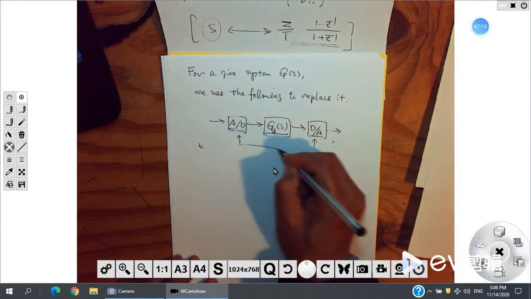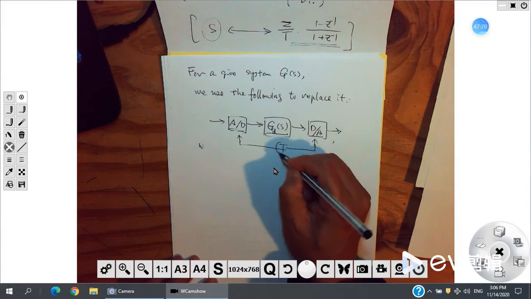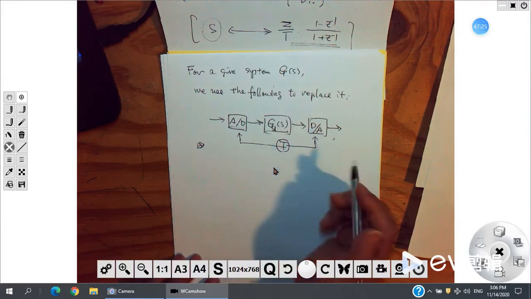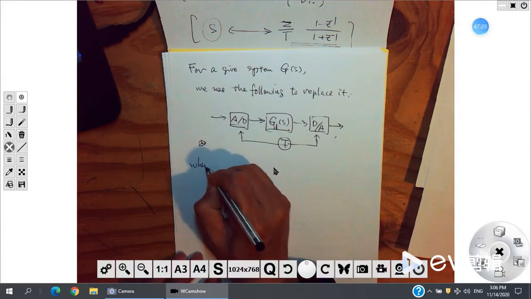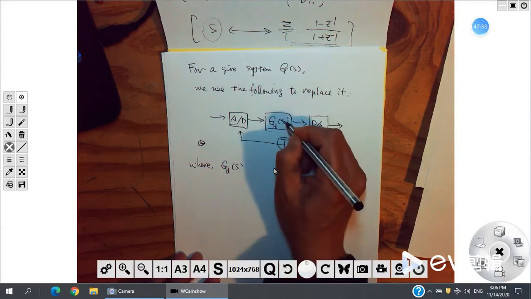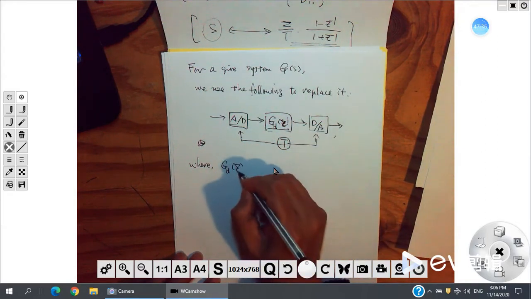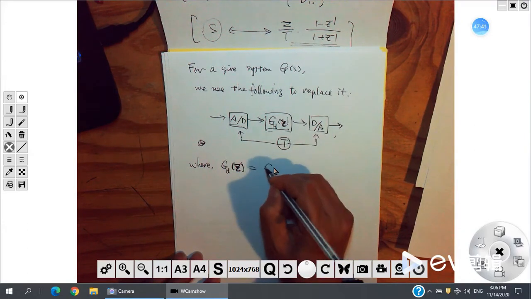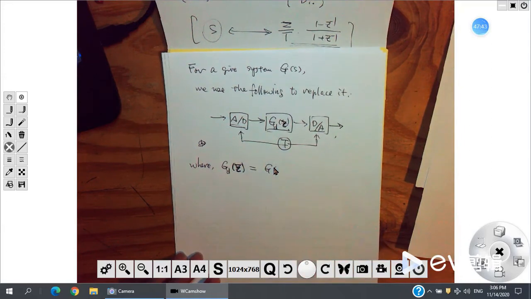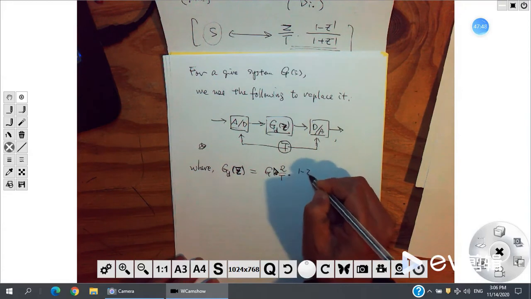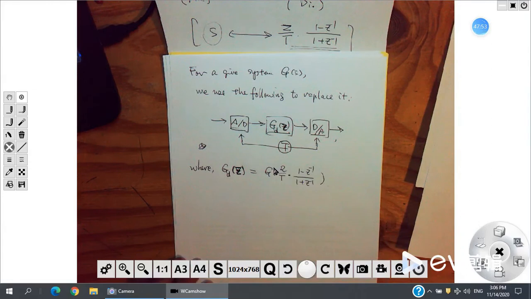I need the same T, same sample step T to take samples. GD of Z is the digital one. GD of Z will be defined by G of S. Just replace S by 2 over T times 1 minus Z to negative 1 over 1 plus Z to negative 1. That's it.